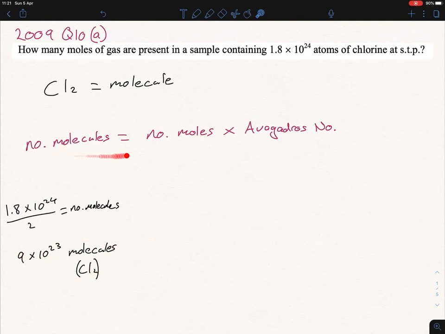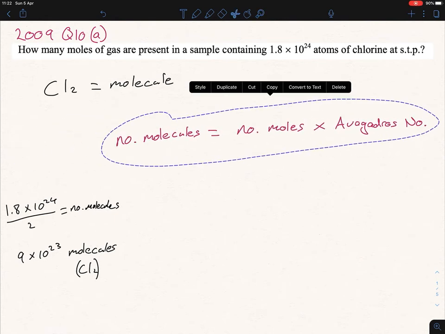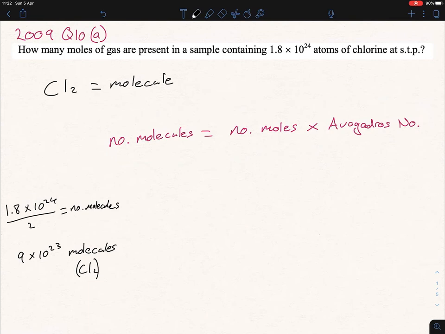We have our formula over here. We can manipulate this to get the number of moles. So number of molecules divided by Avogadro's number equals our number of moles.